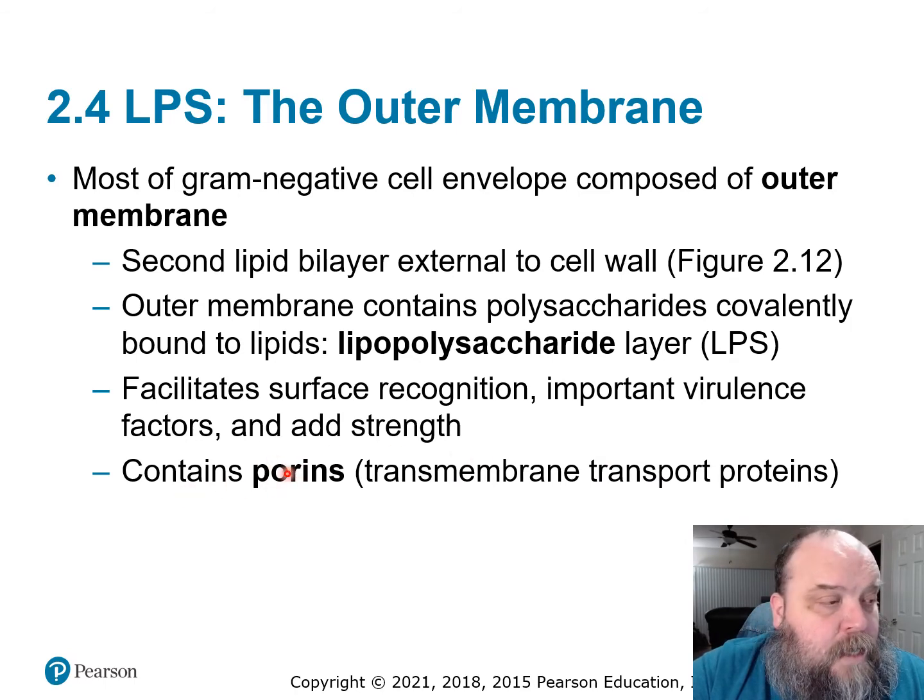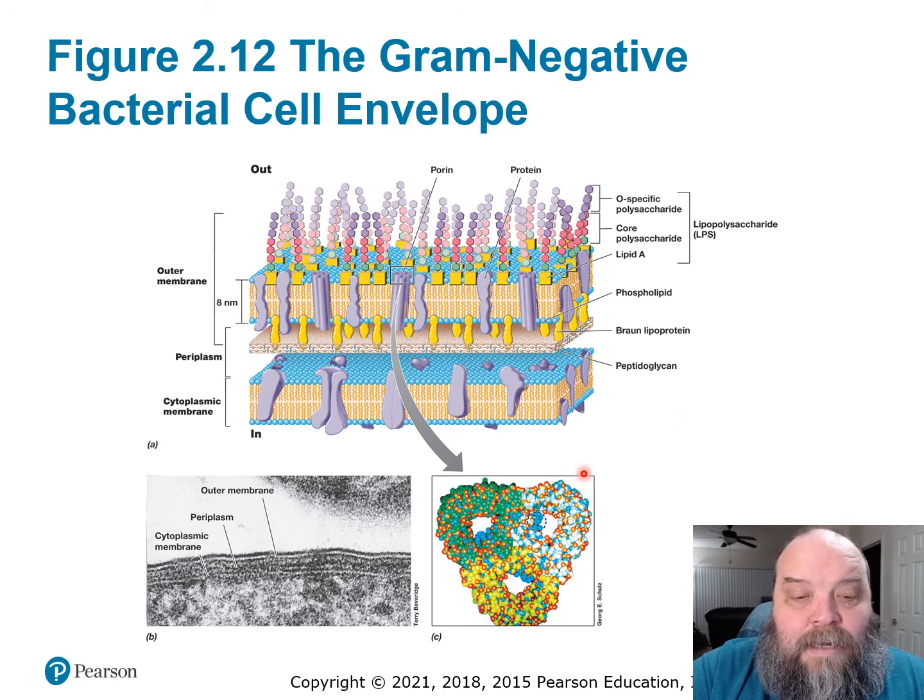The outer membrane is also going to have porins to aid in moving things across. This outer membrane is not supposed to be quite as impermeable as the cytoplasmic, so you want to get stuff in and out.